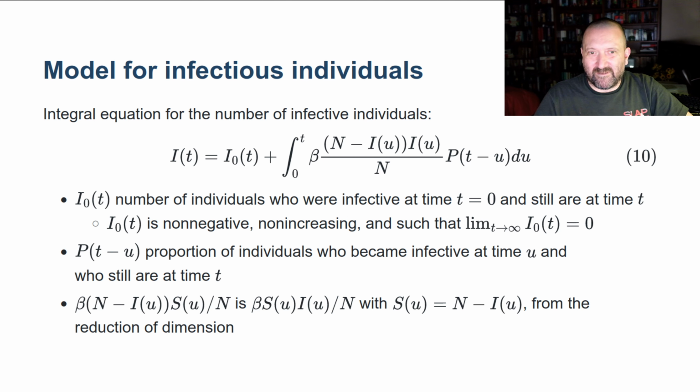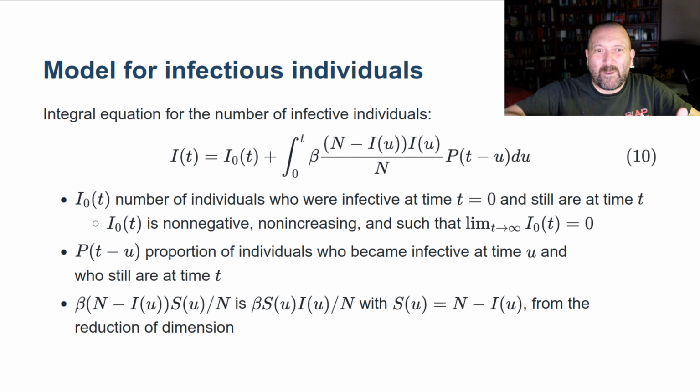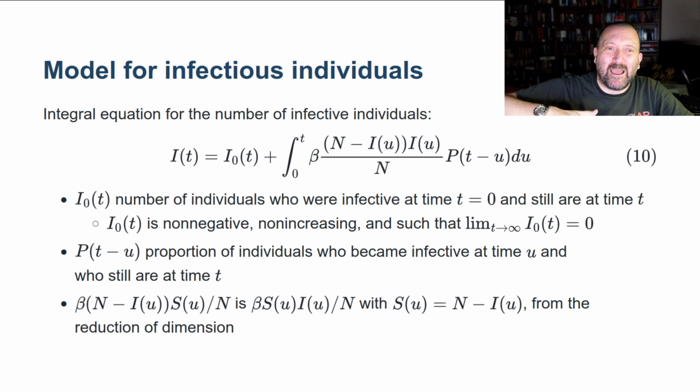Actually, I should make sure that it becomes close to 0 quite quickly. Suppose that you stay infectious for 5 days on average. When t is equal to 10, I probably shouldn't have a lot of I0 of t remaining. But that's the sort of generic assumption.